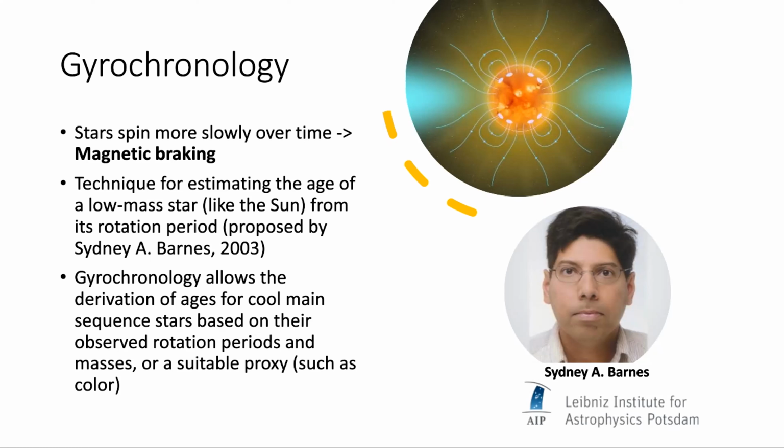This was proposed in 2003 by Sidney A. Barnes, and gyrochronology allows for the derivation of ages for cool main sequence stars, based on their observed rotation periods and masses. If you don't have access to this data, we can use a suitable proxy like color band and so on.